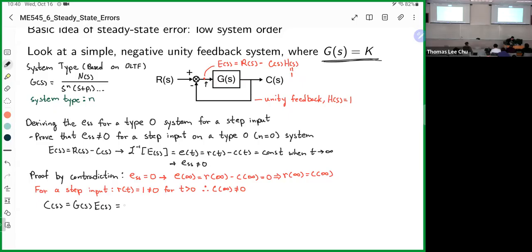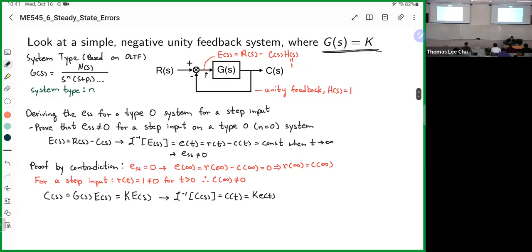Then we get this term here, k times E of S. Then we take the inverse Laplace transform to find c of t, and we get k e of t. Because k is just a constant, we can pull the constant out when we do the inverse Laplace transform.